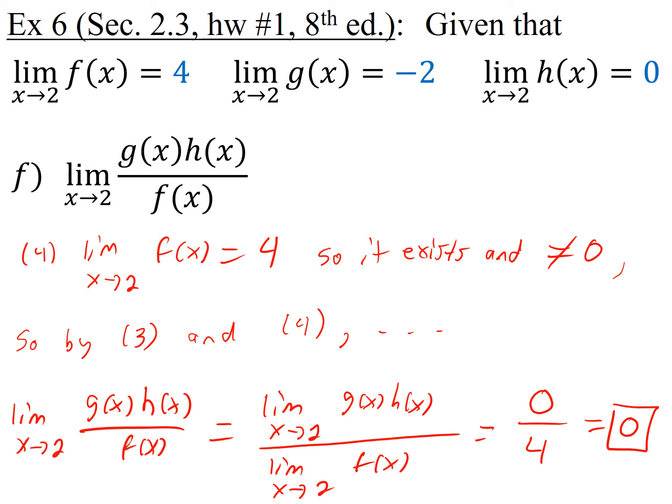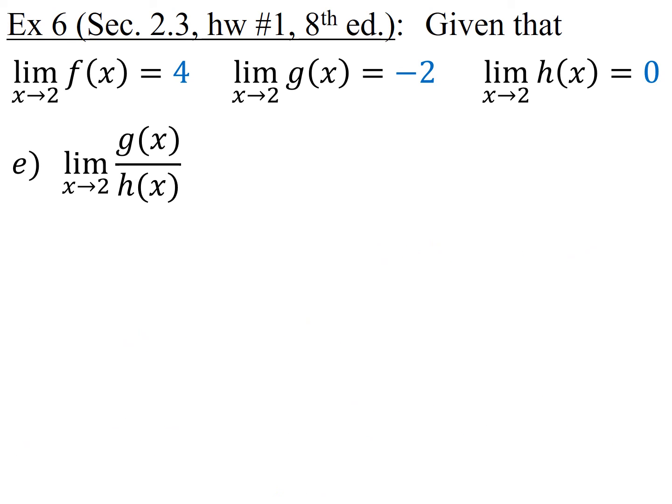Okay, let's take a look at the next one. This is a similar problem to one we saw in example 4. It looks like we want to use the division limit law, but we can't. In order to use the division limit law, don't forget, we need the limit of the top to exist, and the limit of the bottom to exist, and also the limit of the bottom to not be 0.